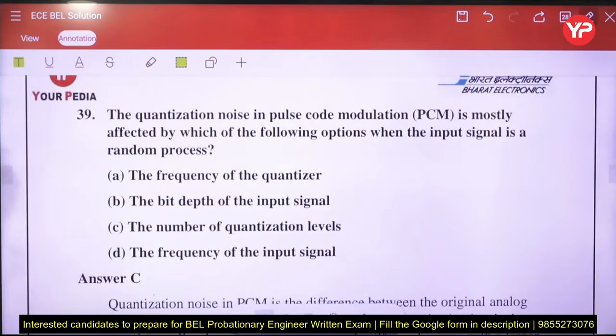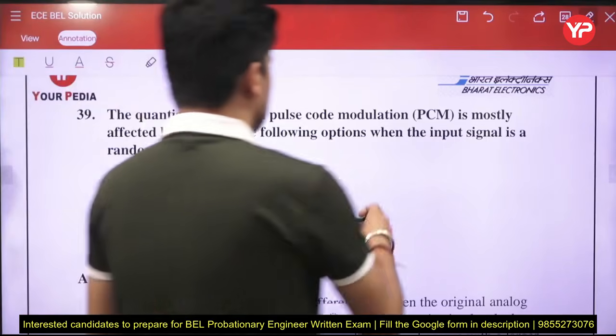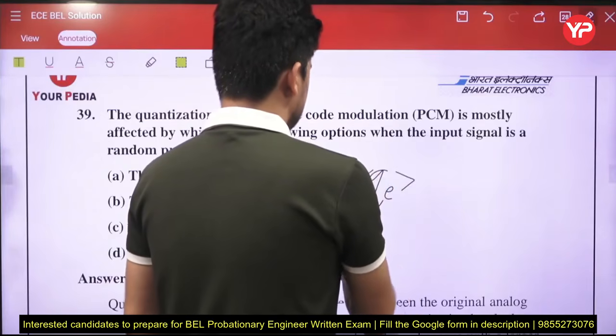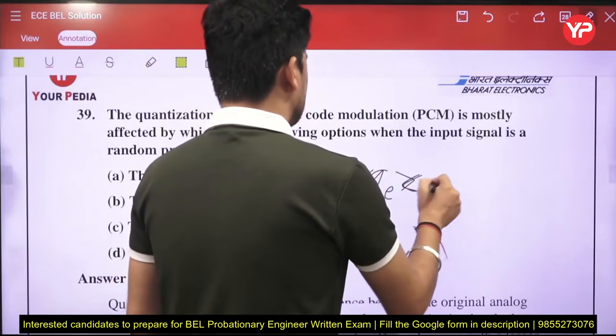Next thing, the quantization noise in pulse code modulation is mostly affected by which of the following options when the input signal is a random process? So basically, how much is the quantization noise? It ranges from minus delta by 2 to delta by 2.